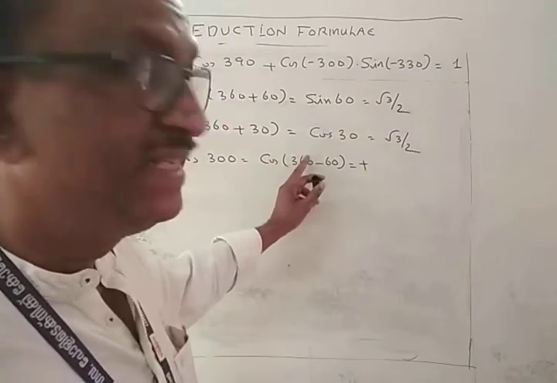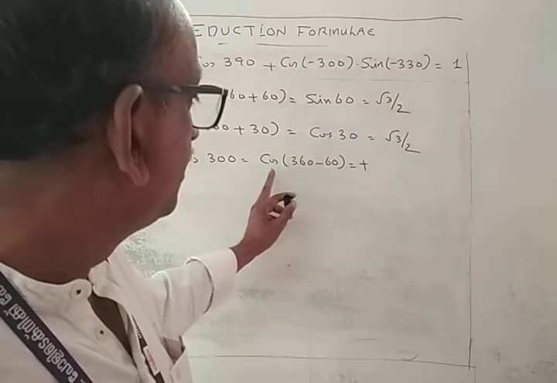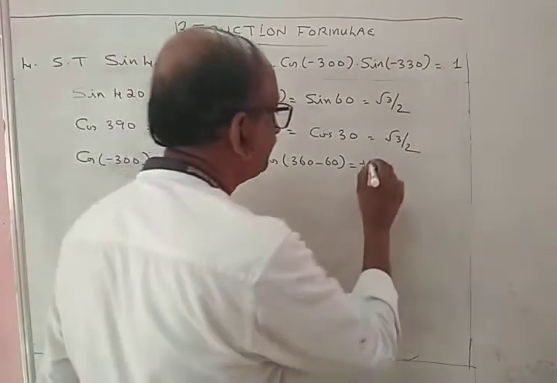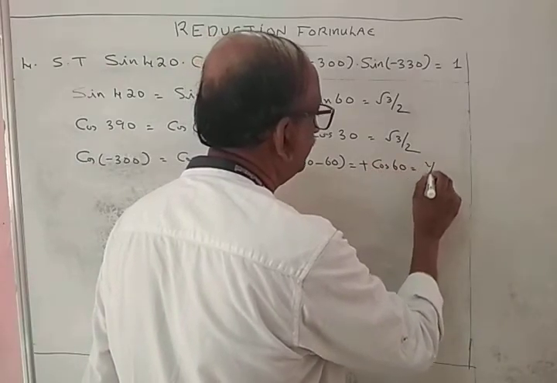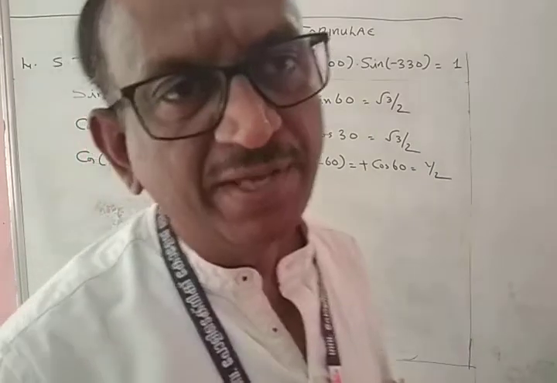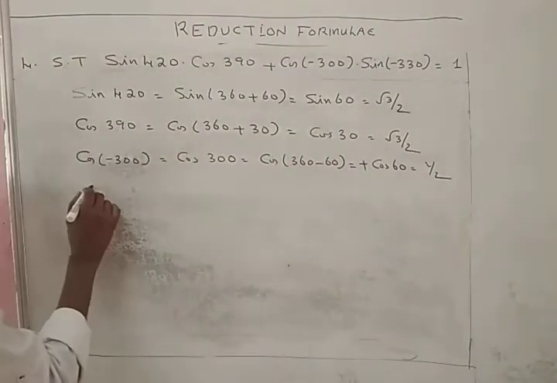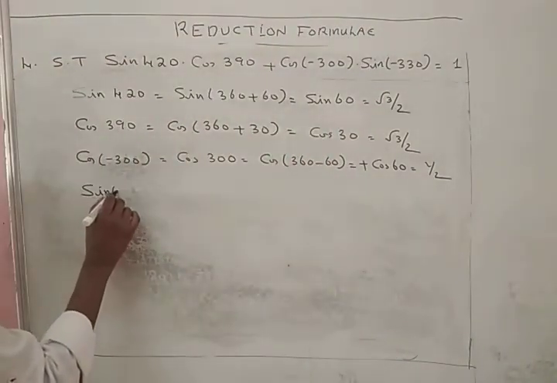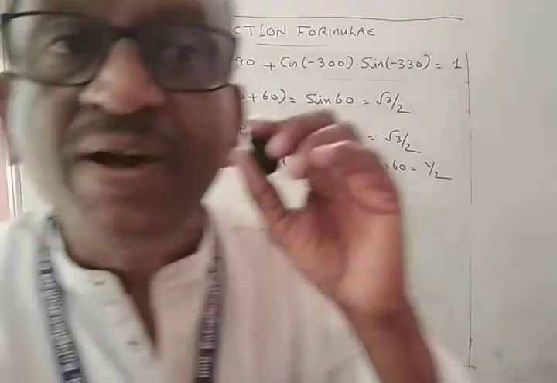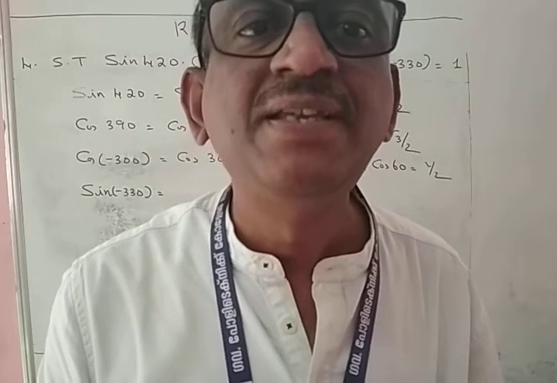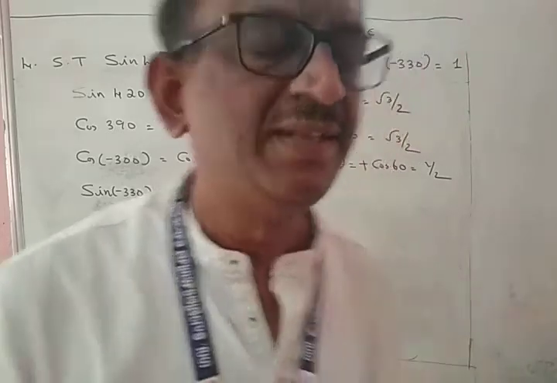Here the angle is 360 degree. Therefore, the answer is cos 60. Cos 60 is 1 by 2. Sin minus theta is the same as minus sin theta.